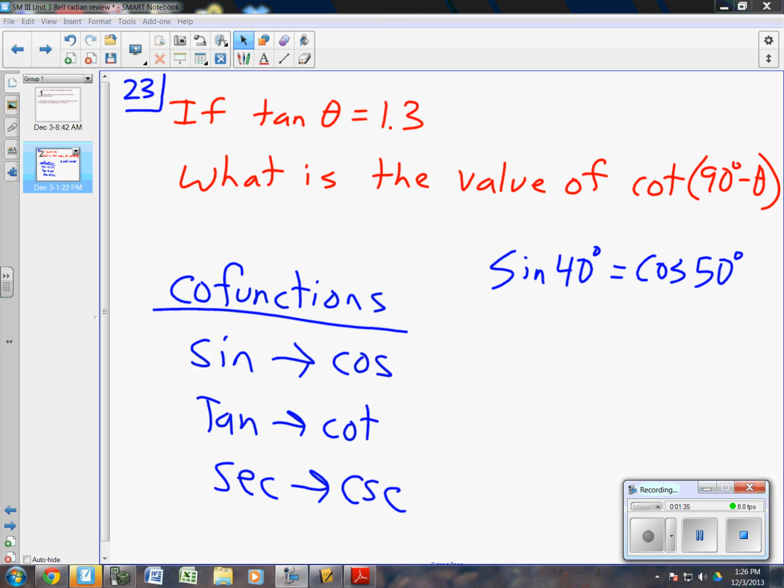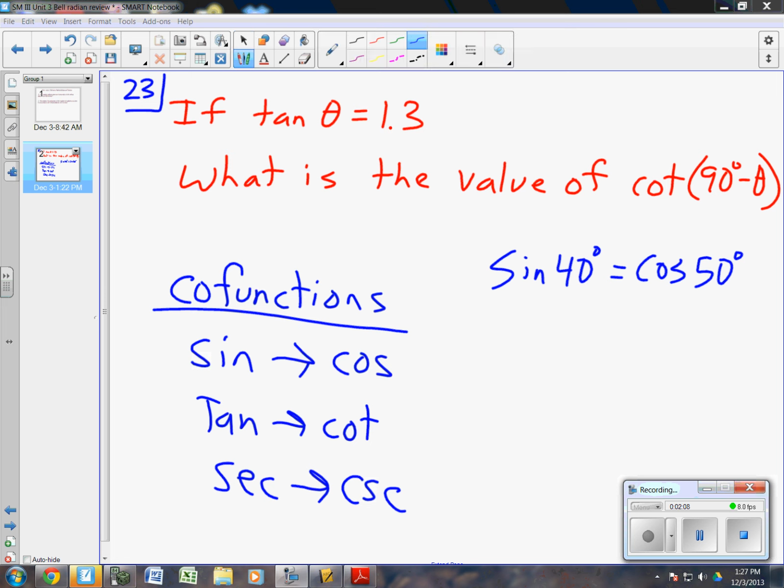The cosine of 60 degrees is 1/2, and the sine of 30 degrees is 1/2 as well. They have the same value because 30 plus 60 makes 90. Anytime your two angles add up to 90 degrees, and you're taking two cofunctions of each other, they're going to be equal. Does that make sense?